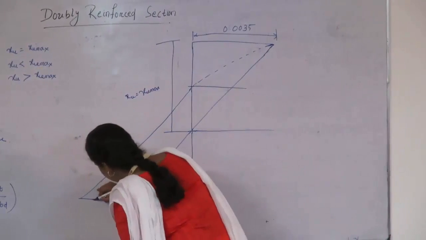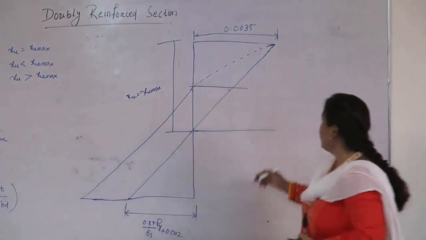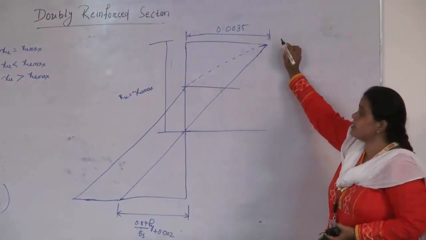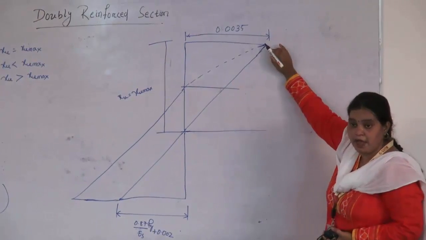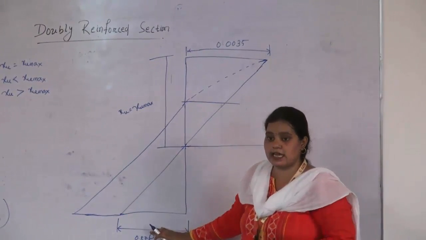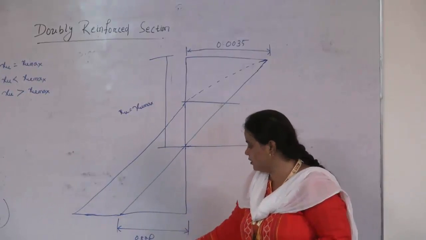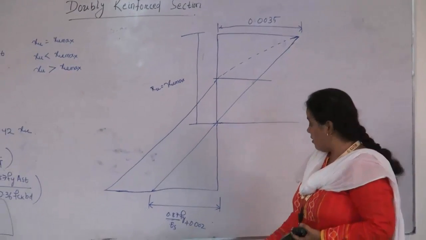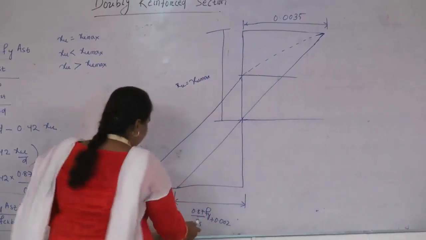When XU is less than XU max, the strain in the concrete is 0.0035 and the strain in the tensile steel is more than 0.87 Fy by ES plus 0.002.